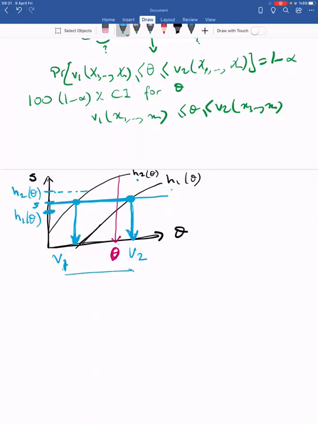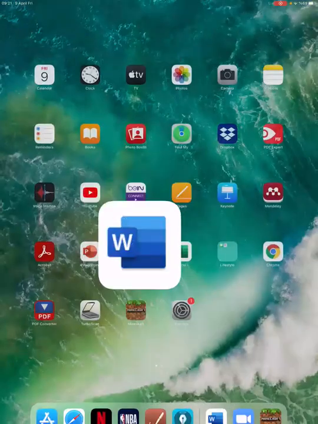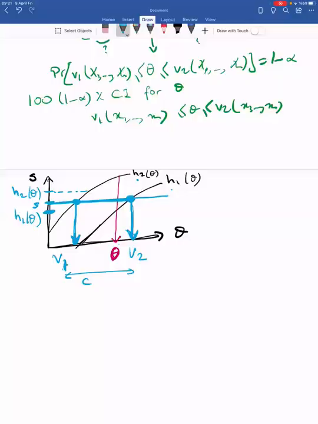So this will give us the confidence interval for theta. We start with an interval h1 and h2 of theta, and for a specific theta value we obtain these first.